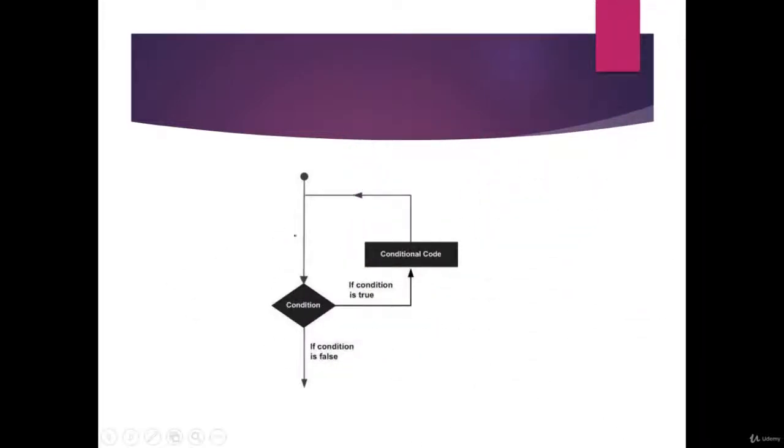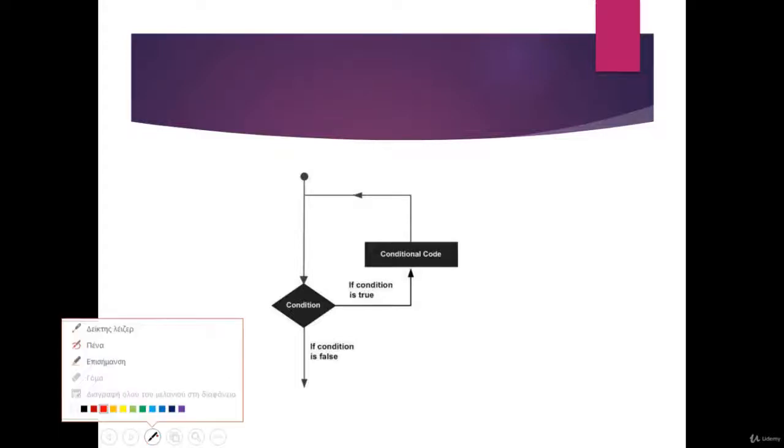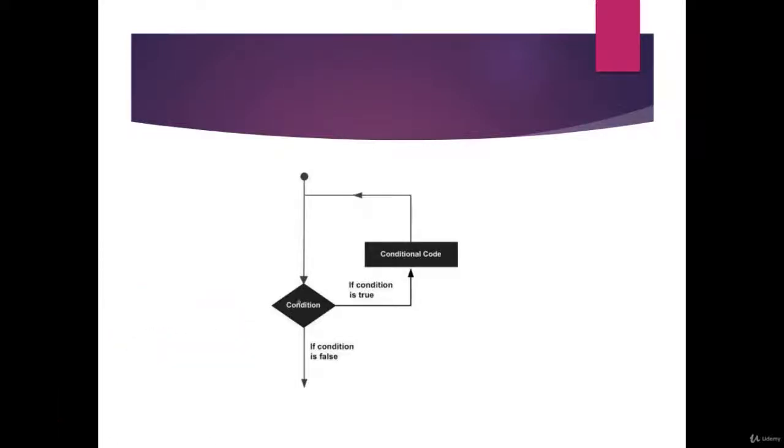So there we can see what happens with the loop statement. There is a condition, and each time the condition is true, we have a repeated cycle again and again, and we exit this loop only if the condition is false.